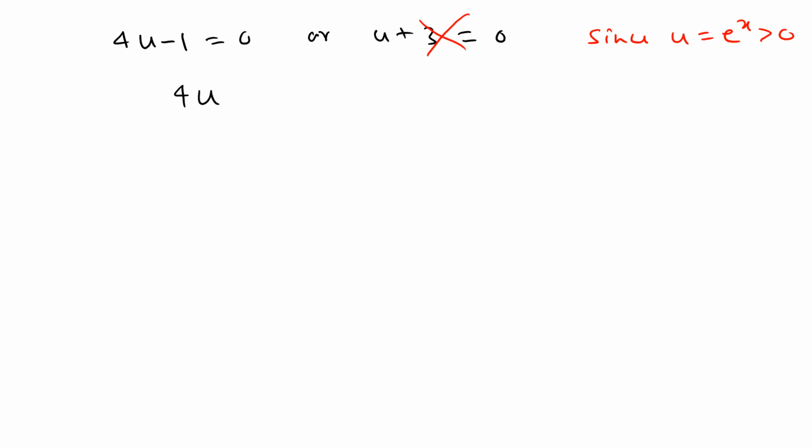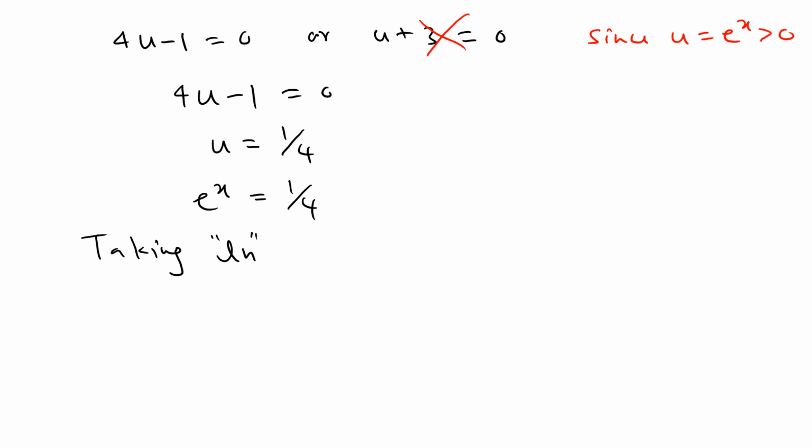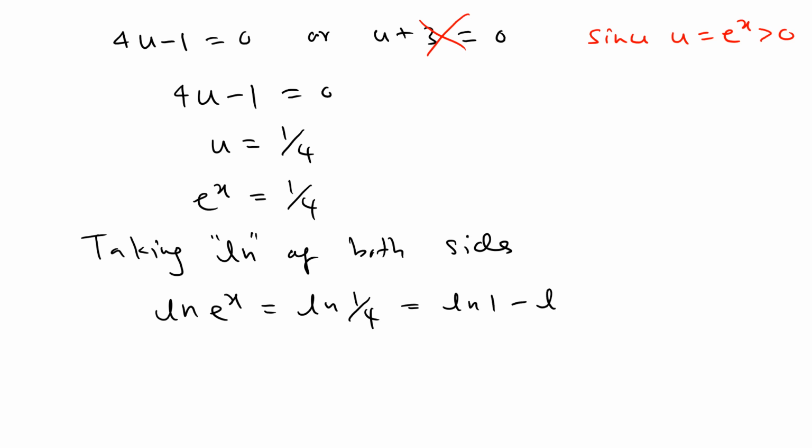We have 4u minus 1 equals 0. This says that u equals 1/4. Since u is e to the x, we can set e to the x equal to 1/4. Now taking ln of both sides, we get ln e to the x equals ln 1/4. ln 1/4 you can write as ln 1 minus ln 4, but we know that ln 1 is 0.